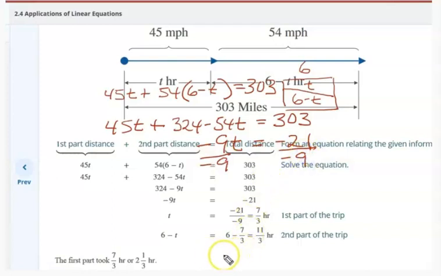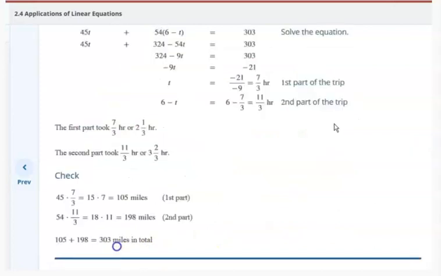And you're going to end up with a positive when I simplify this t, and I can take 3 out of each one, so this is 7/3, which is what they have here. Now, what we have to do is subtract the 7/3 from 6 hours. And when we do that, we get the second part of the trip was 11/3.